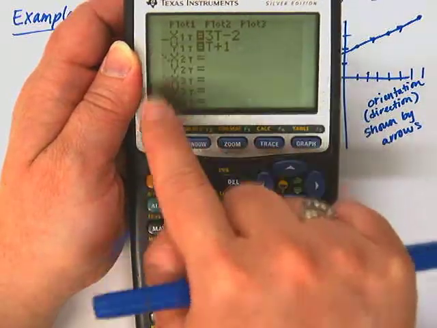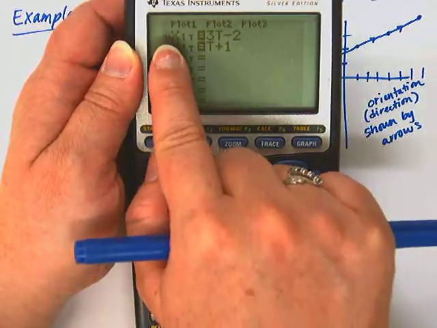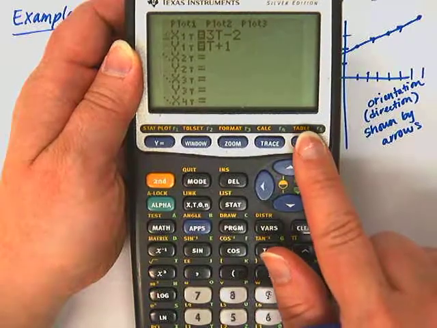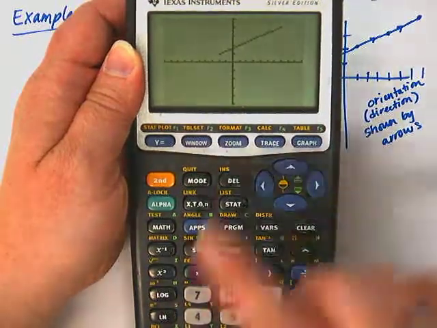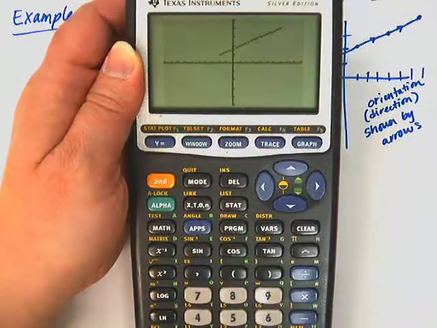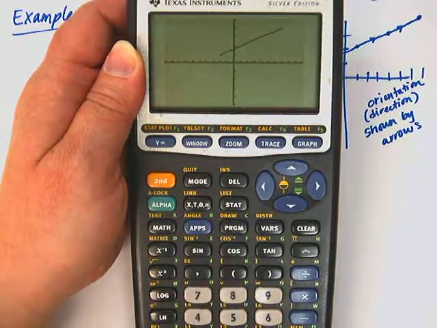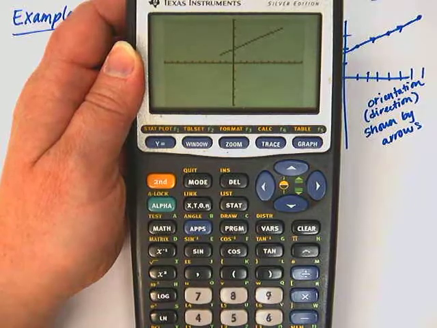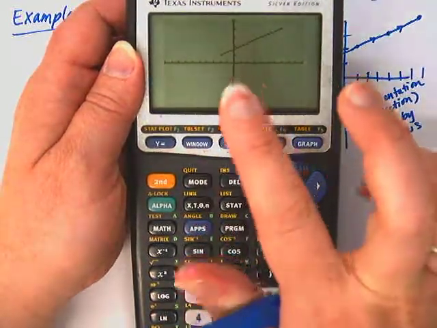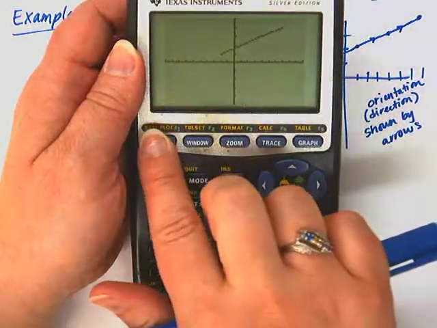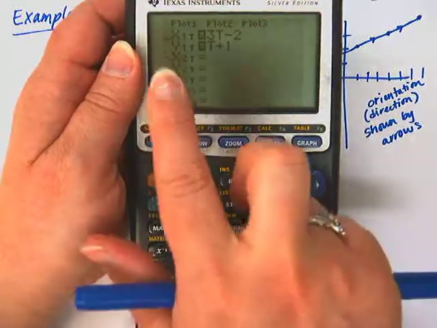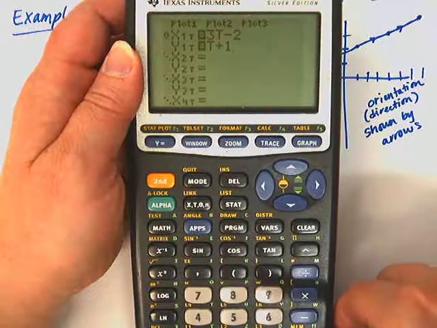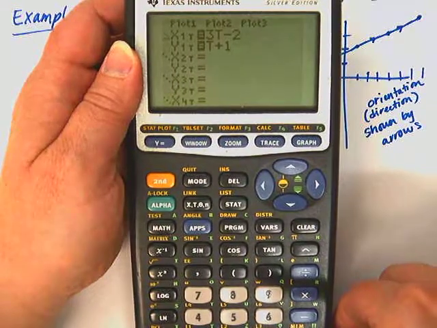I just wanted you to actually watch it graph, because remember, this graph is showing us the motion of an object. So when you first type them in and you hit graph, in fact, it might be easier if you changed this to what I like to call the football graph. You know what I'm talking about? It's like you actually have the object moving, because it puts a little circle at the end of it. Let's do that one. So then if I hit graph, I can actually watch where the object moves to and from. Did you see that?